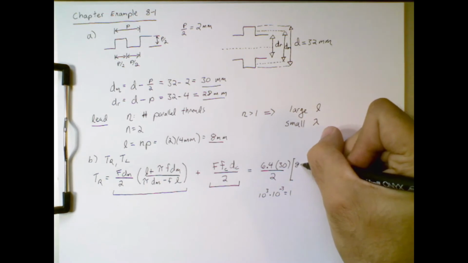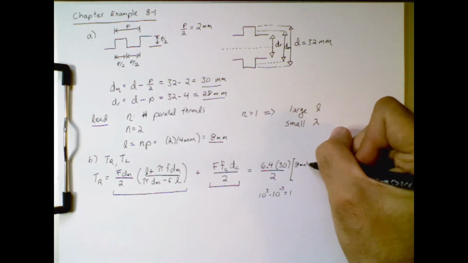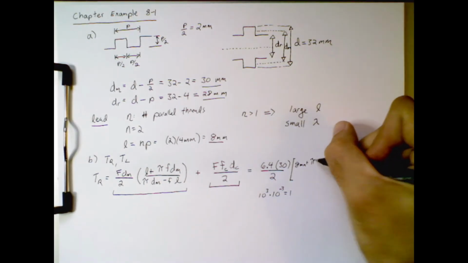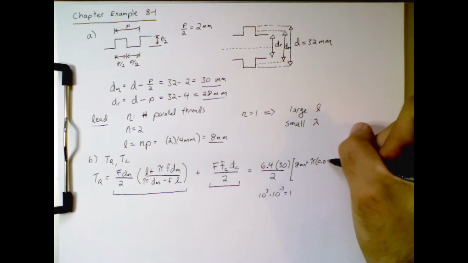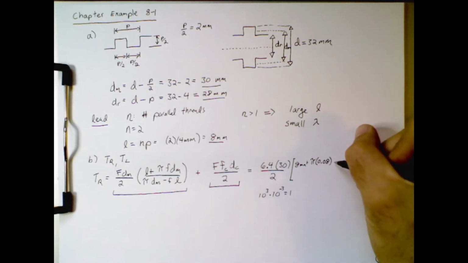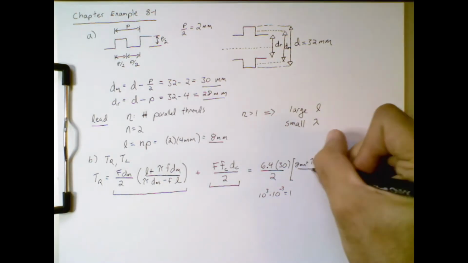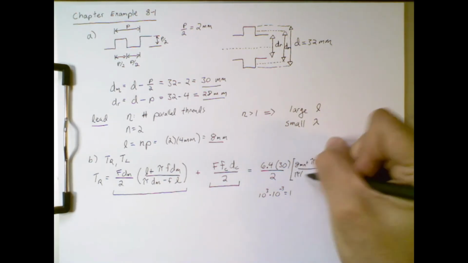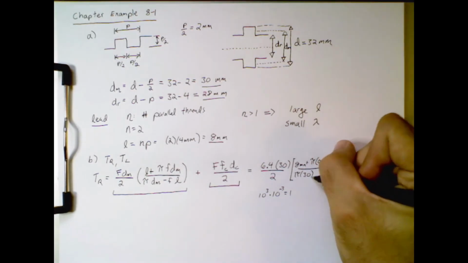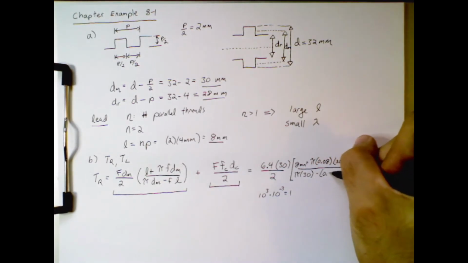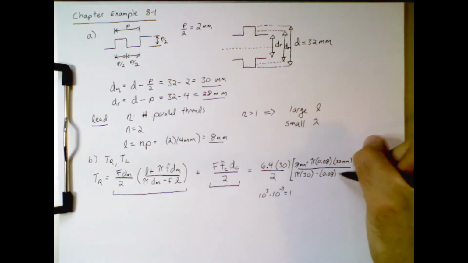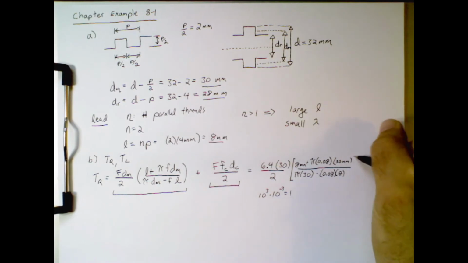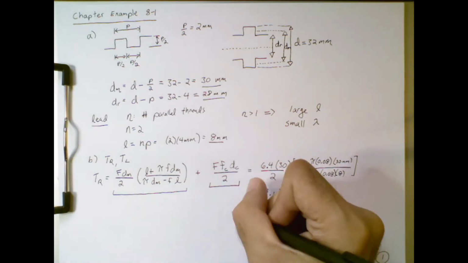Then we have the lead, 8 millimeters, plus pi times the friction coefficient we were given, 0.08, times 30 millimeters, divided by pi times 30 minus 0.08 times 8. So that's the first term.